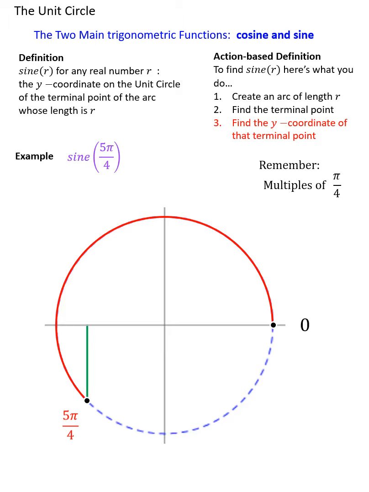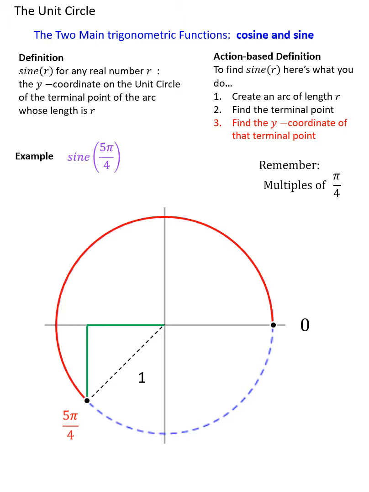Remember from the previous video when we studied multiples of pi over 4 in depth? Remember how they all correlated to a 45, 45, 90 triangle inside the circle.